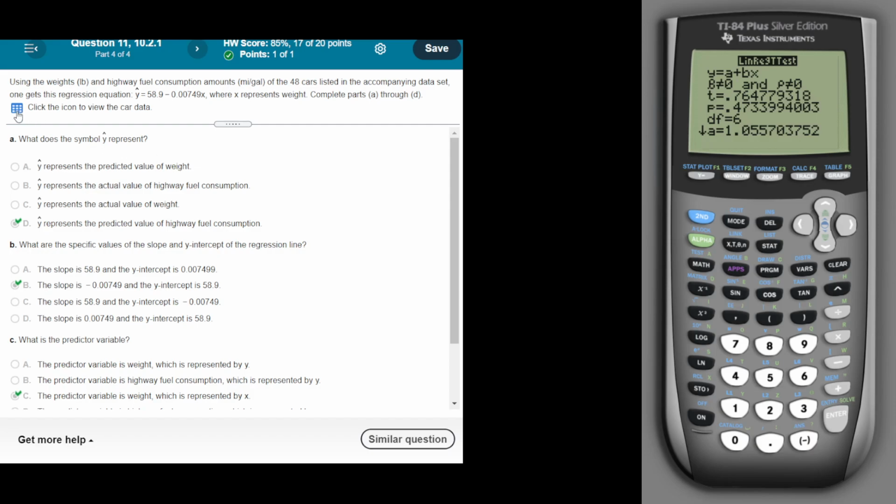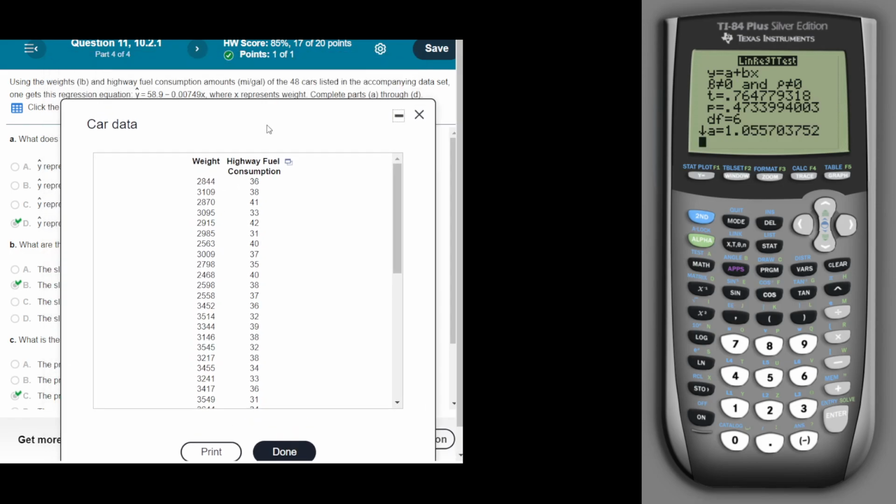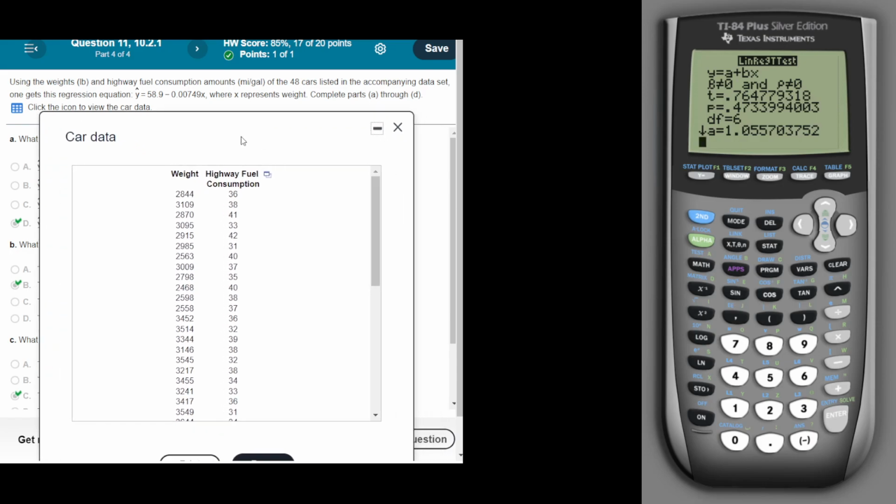So if you click on this table here, this weight right here is actually your X because it's the first one. This over here is your Y. So the predictive value is always based on whatever your Y is, because that's what we normally use. We don't use the predictive value of your X ever.